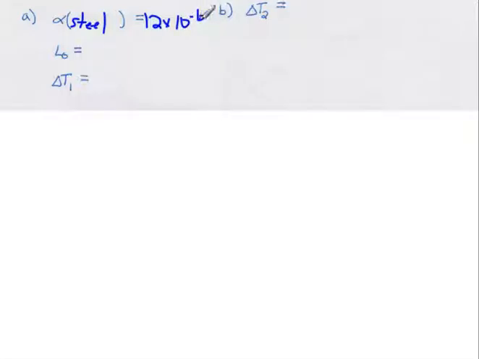Now precisely what's happening. They say the steel bed of a suspension bridge is 200 meters long at 20 degrees Celsius, so it's originally 200 meters. There's our initial length. And we've got an initial temperature, right? 20 degrees Celsius.